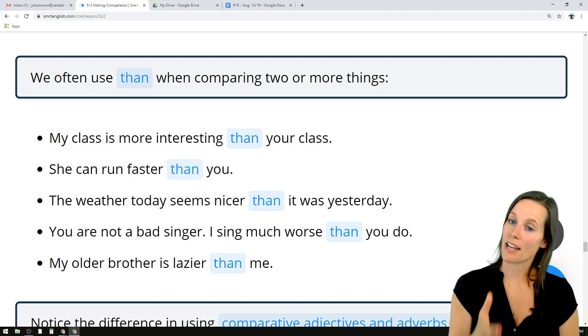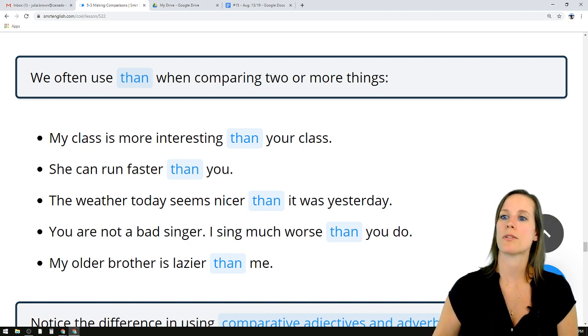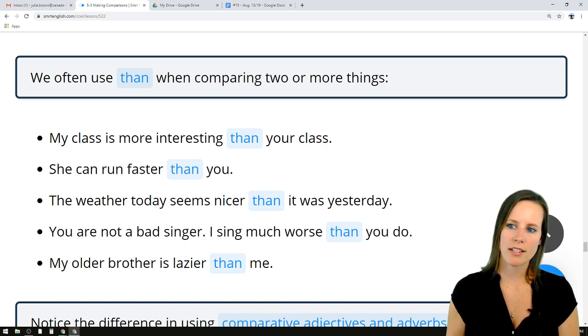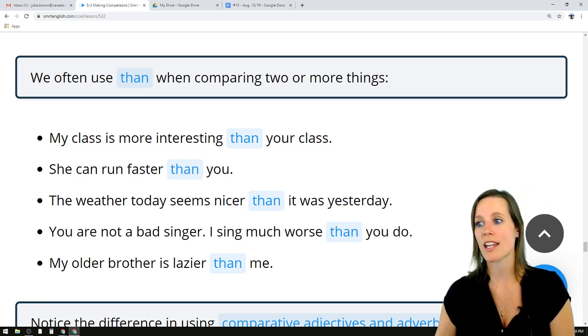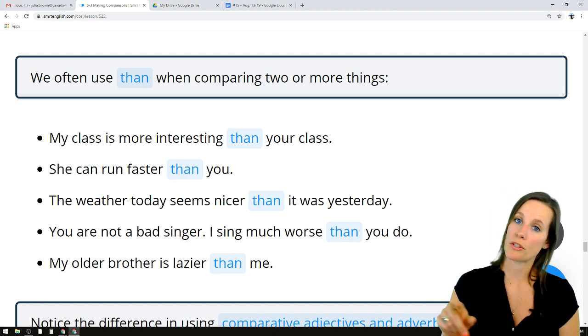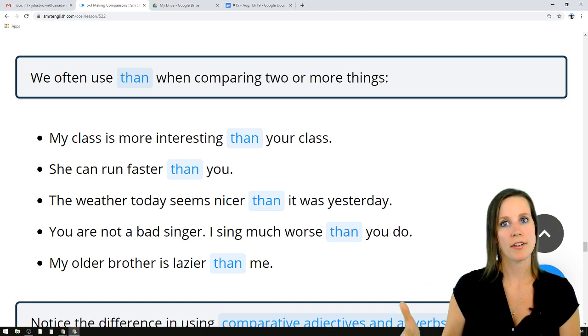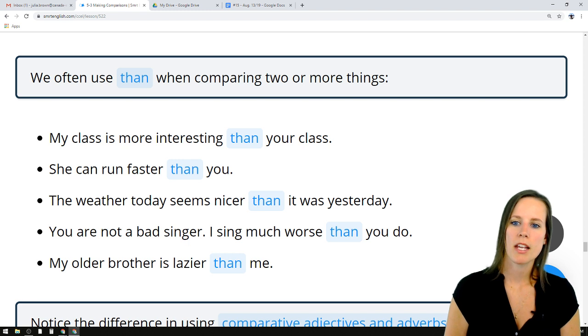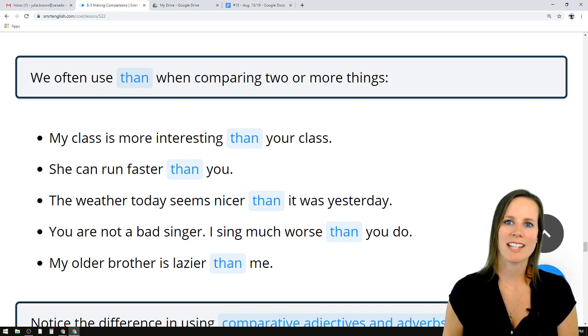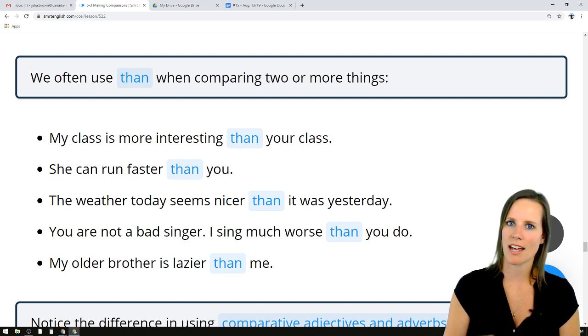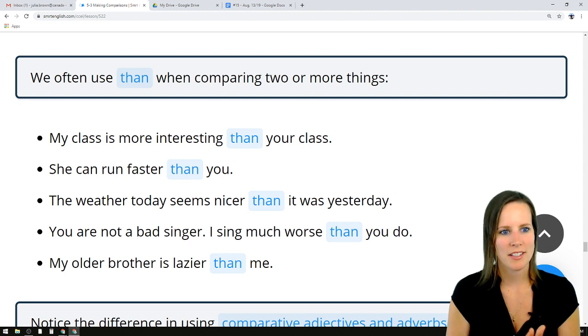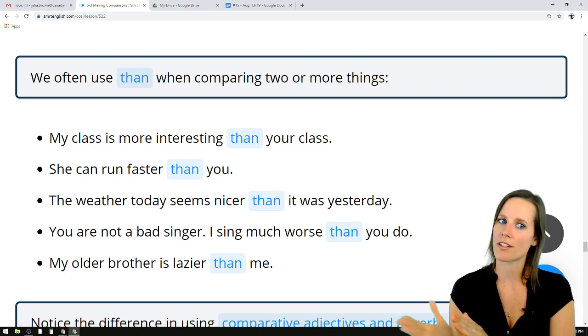So that means yesterday it was not as nice. Okay? You are not a bad singer. I sing much worse than you do. Okay? So that means you sing better than I do. My older brother is lazier than me. So that means I am not as lazy as my older brother. That's right. Hard and harder. That's right. And the hardest. Good.